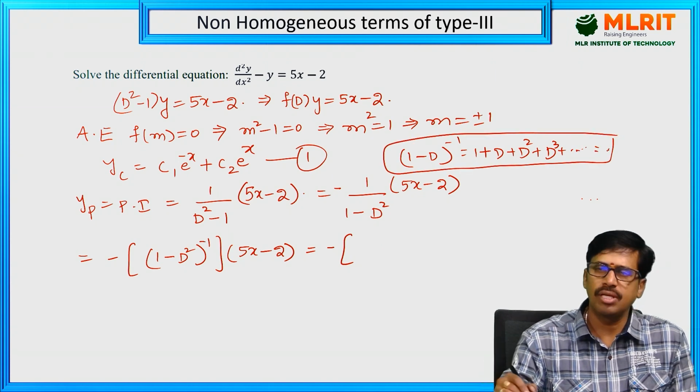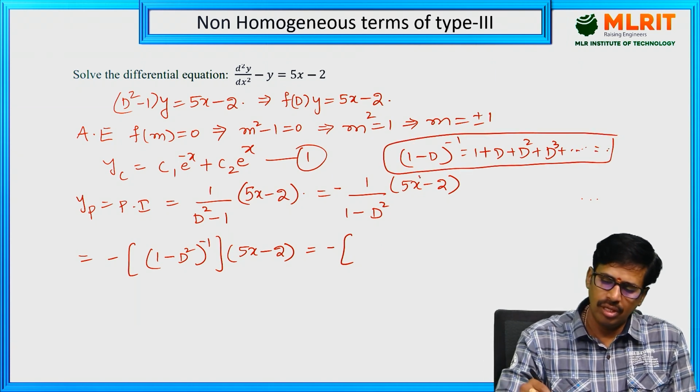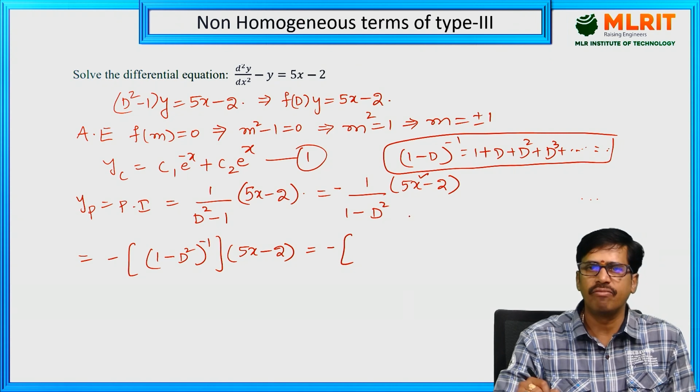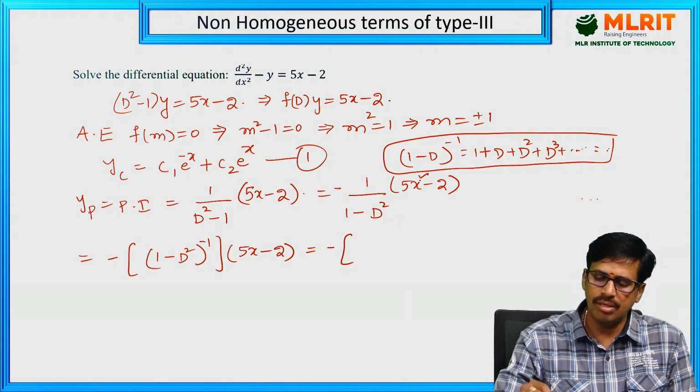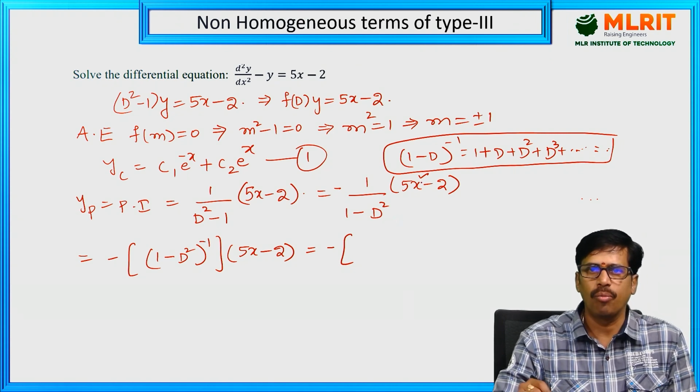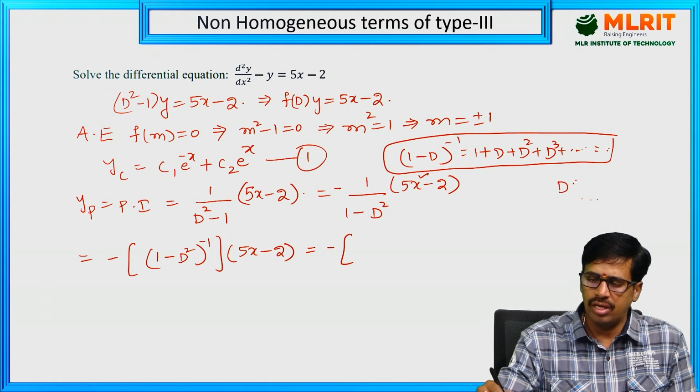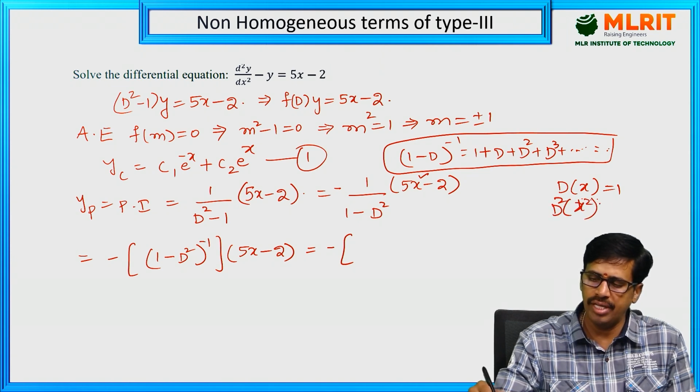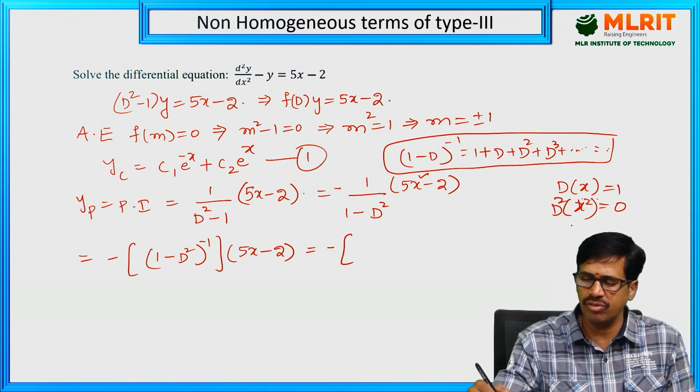Plus and so on means up to how many terms? Here we have to see the function given. This is a first degree polynomial, right? So we have to write only up to the terms containing D. No need to write D square, because the derivative of x is 1. If you differentiate it 2 times, D square of x square means the derivative of a constant, 0.